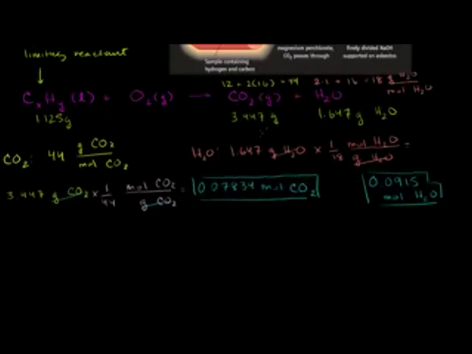So how many moles of carbon do we have in the carbon dioxide, or in our products? Well, the only product with carbon is the carbon dioxide. This has no carbon in it. So if we have this many carbon dioxides, we also have the same number of carbon atoms, moles of atomic carbon. And you might say, hey, wait, a mole, that's just a number.